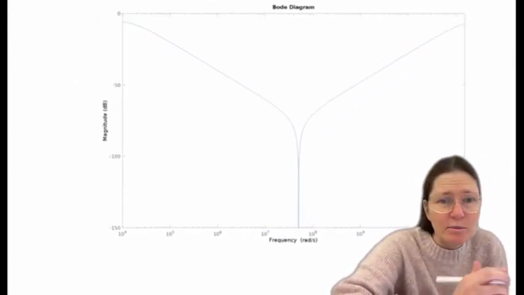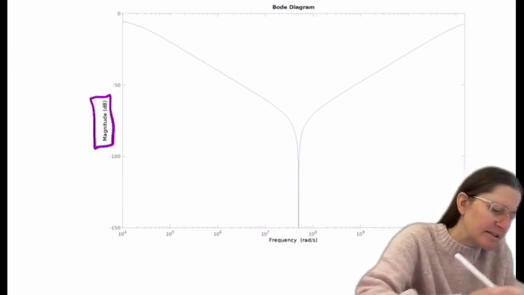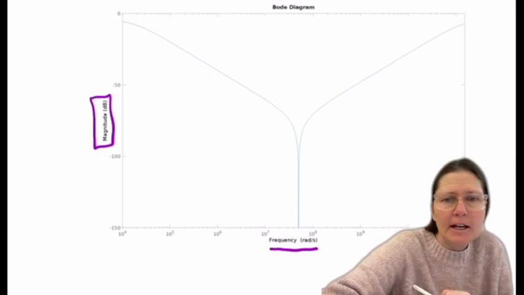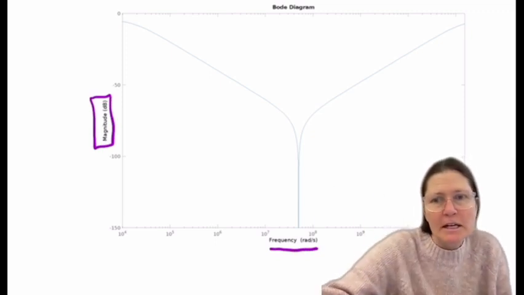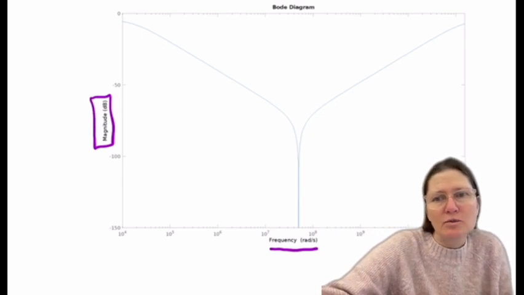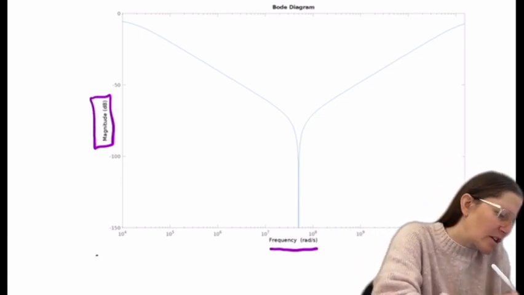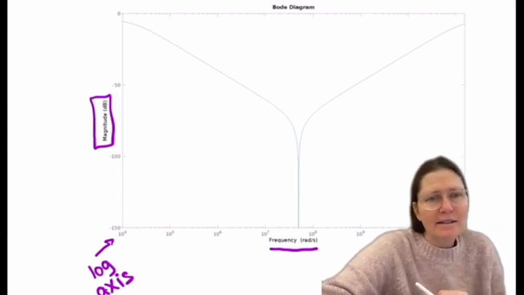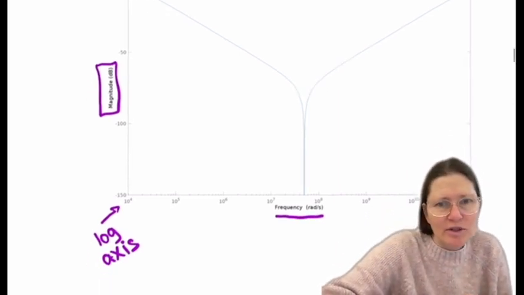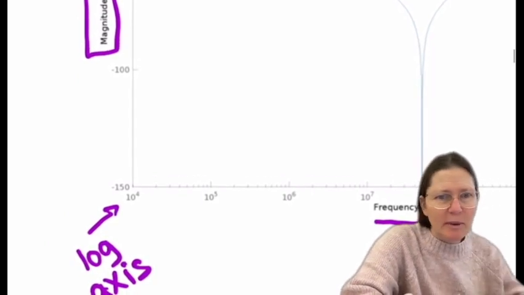For those that haven't seen a Bode plot yet, this is the magnitude on this axis, and then the frequency, again, is radians per second, so it's varying every single frequency and showing you what the magnitude would be for each frequency. This is called a log graph, or log axis. So the x-axis is a log axis, so that's why you see that the lines are not evenly spaced.